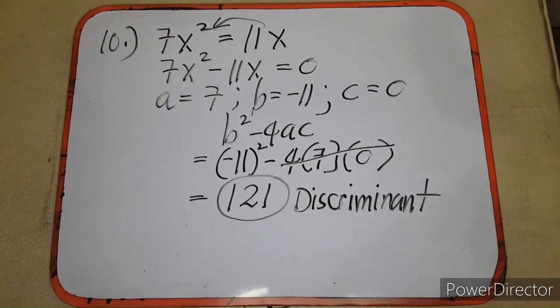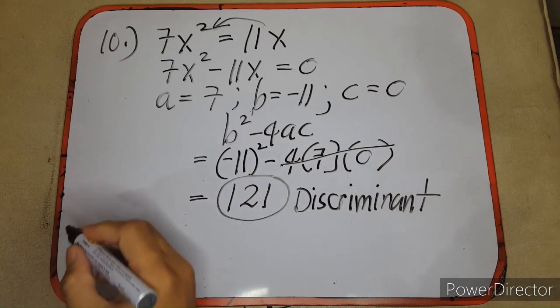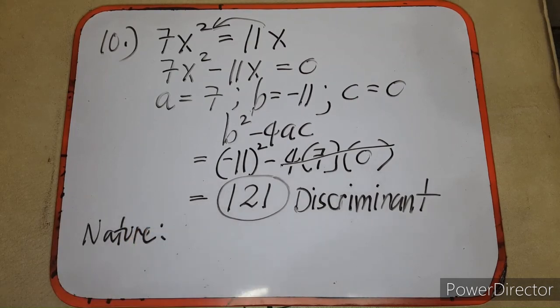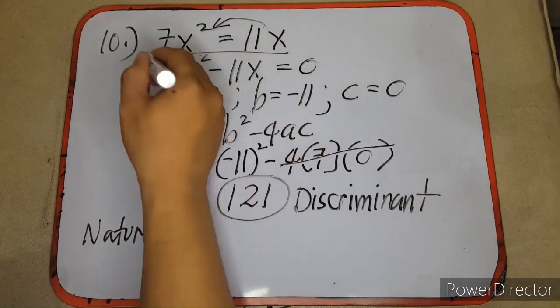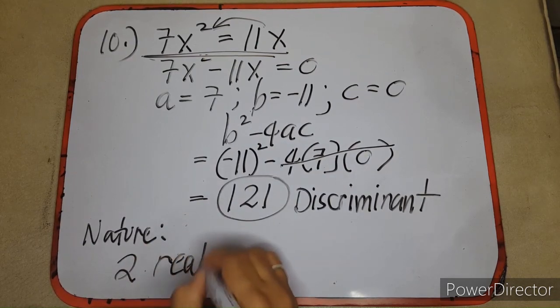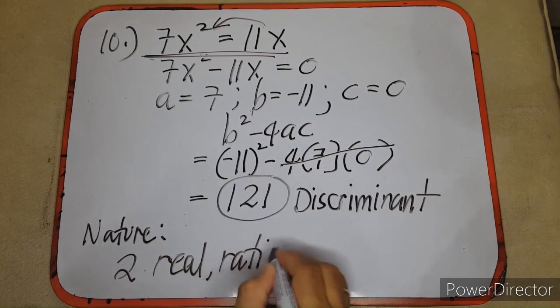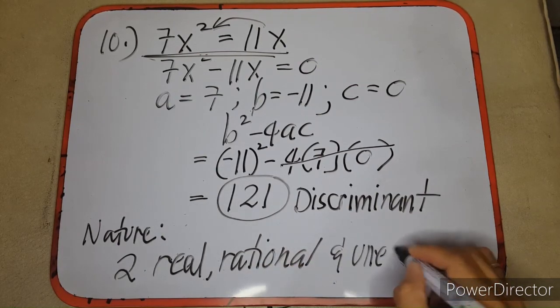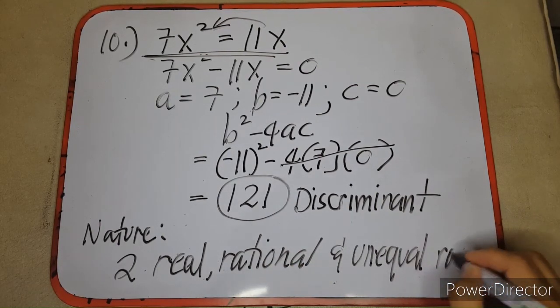So since it's a positive number and 121 is a perfect square, then going back to the things that we need to remember, we can identify the nature of the roots of this given quadratic equation as two real, rational, and unequal roots.